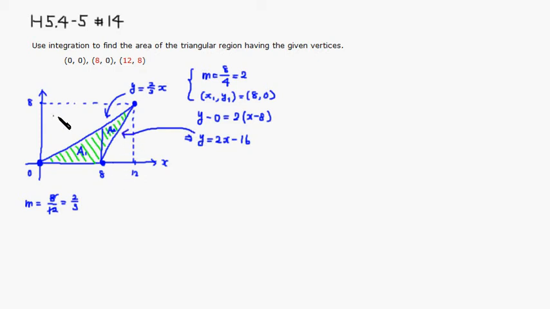All right, let's find A1. A1 is an integral from 0 to 8. The curve is just a straight line, 2/3 x, minus 0, dx. We can simply find the antiderivative.